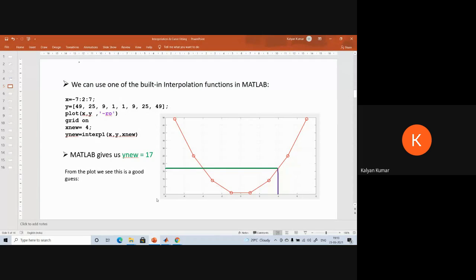if you use this interpolation function for x equal to 4, with that x new value taken as 4, and calculate the y value, we are going to get 17.